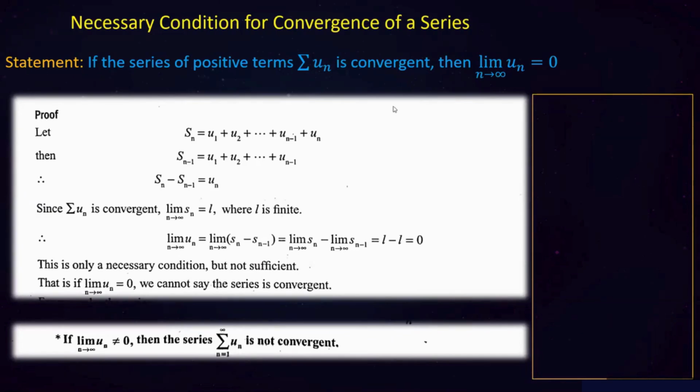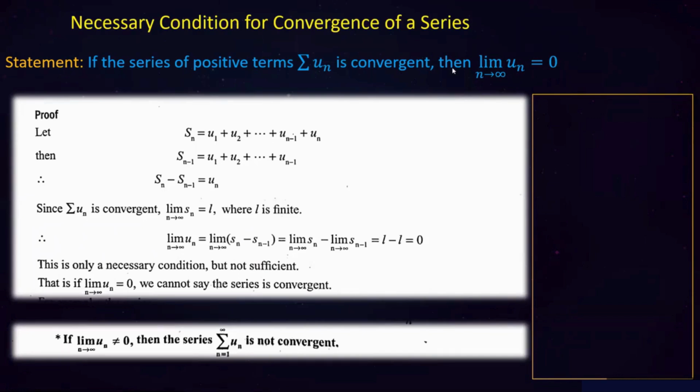As you can see here, if the series of positive terms, let us say summation un, is convergent, then we say limit n tends to infinity of un is always equal to 0, right?